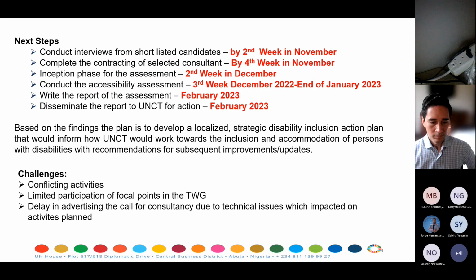We know that it will take a while for the assessment to be conducted and for the reports to be out, and that is why we will be asking for an extension of the seed funding to end by February. So we are saying that we will have the reports of the assessment by February, and these reports will be widely disseminated.